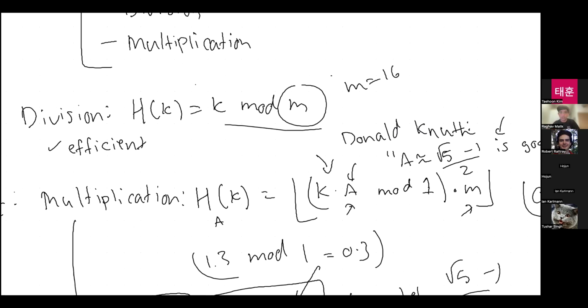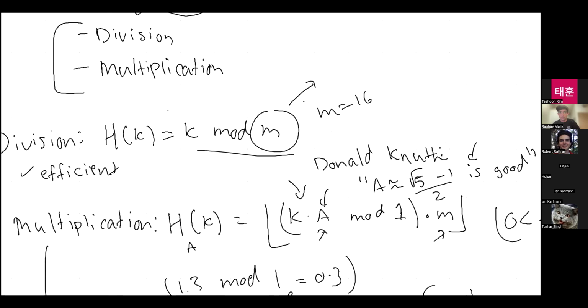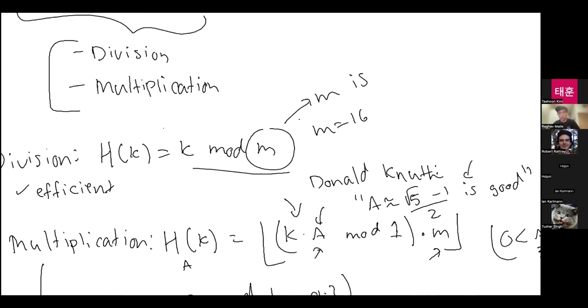So in general, you're going to want m to be prime. That makes it more likely that all of the bits of the key are going to get used somehow when computing this hash value.